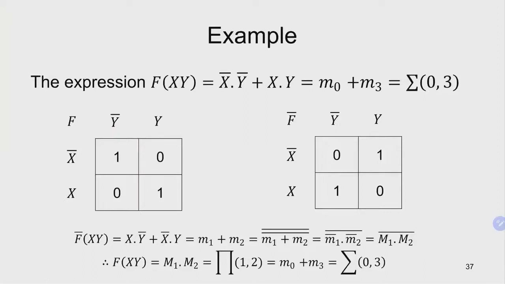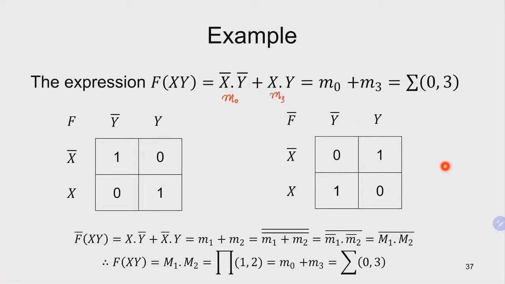Okay, for example, we use a simple 2 variables. So we have a function f that has a minterm x bar, y bar. So this is our minterm m0. And then we have all with xy, so minterm M3.